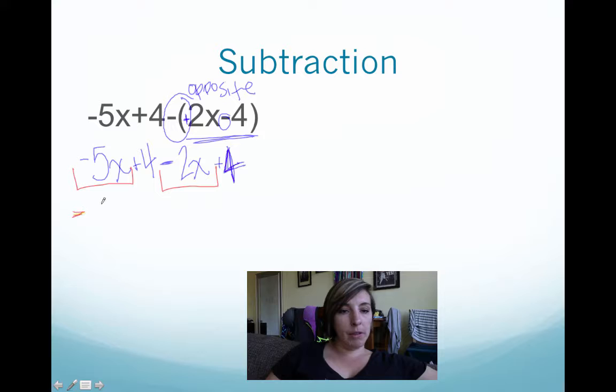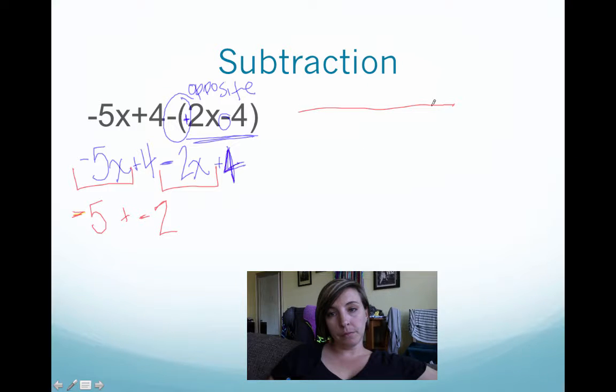So when I do negative 5 plus negative 2, I can do it on my number line. So I have negative 5, I'm adding negative 2 onto it, which means that I end up with negative 7.